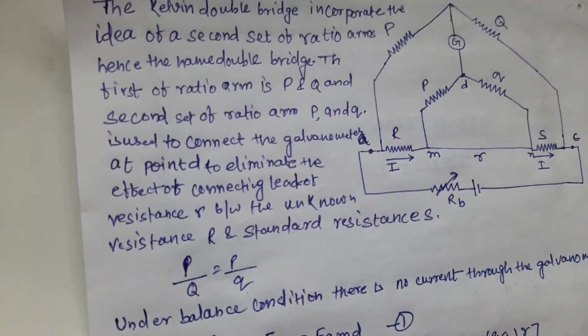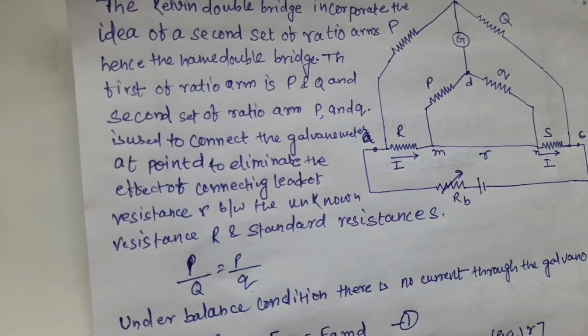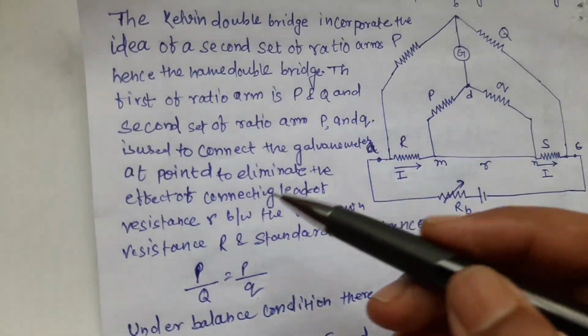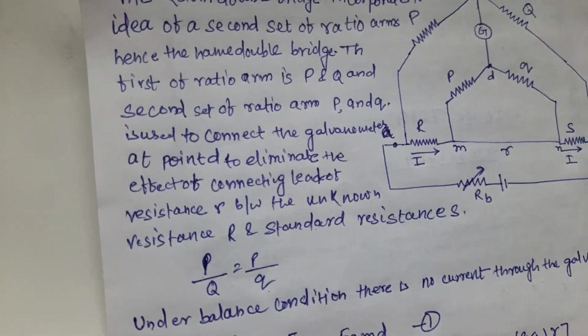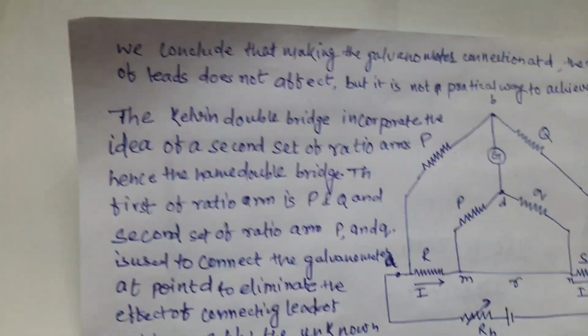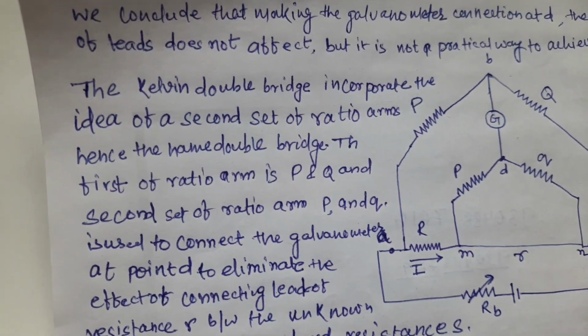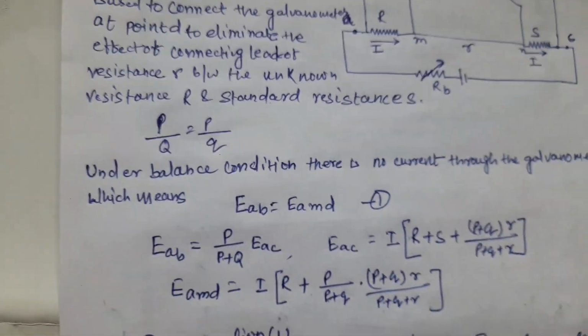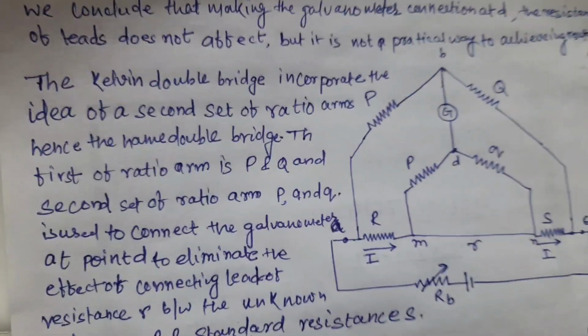So for the Kelvin double bridge we have to maintain one thing, that means capital P by Q is equal to small p by q. That means the ratio of the two resistance arms must be the same. So under balance condition there is no current through the galvanometer.